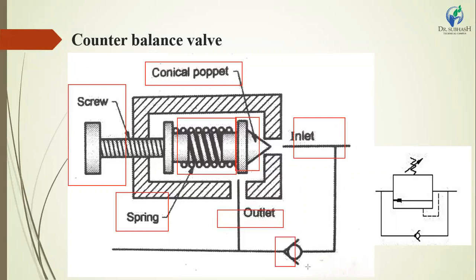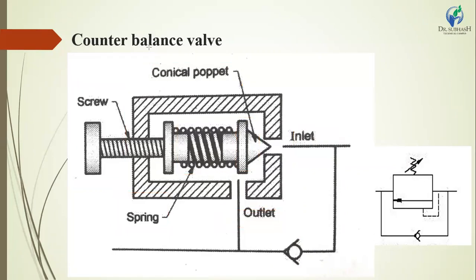Here at this point is a check valve, and we have to understand in detail where the oil is coming from. The inlet side is directly connected to a counterbalance valve, and a secondary connection is given to a check valve. This check valve holds the pressure inside the counterbalance valve.